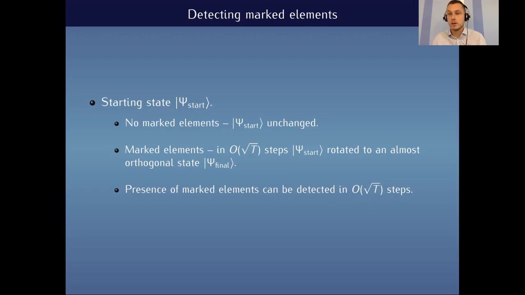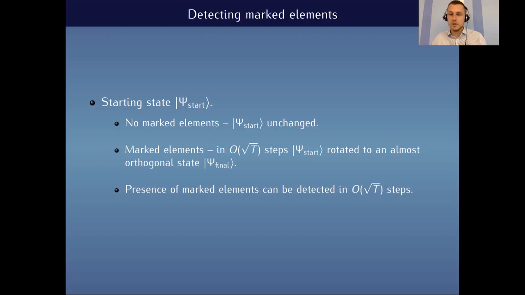And that's not unlike Grover's algorithm, for instance. However, when we have made enough steps, nearly square root of t steps, then the state has been rotated to a state which is nearly orthogonal to the starting one. And that means that we can distinguish the state from the original one by measuring it.